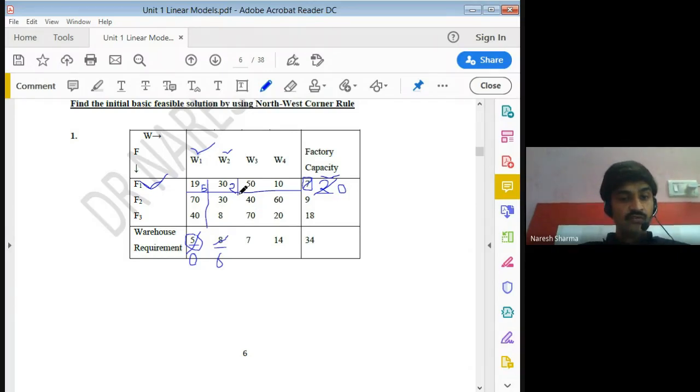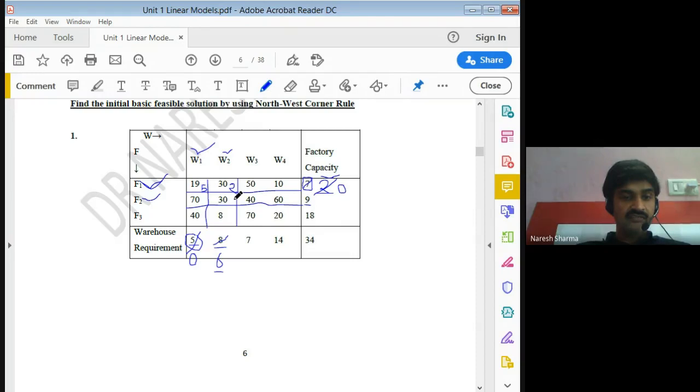Now similarly go downside, as 6 more units are required by warehouse 2. We try to send those 6 units from factory F2. Check again: here 6, and here it is 9. So go for the minimum value. The minimum of 6 and 9 is 6.